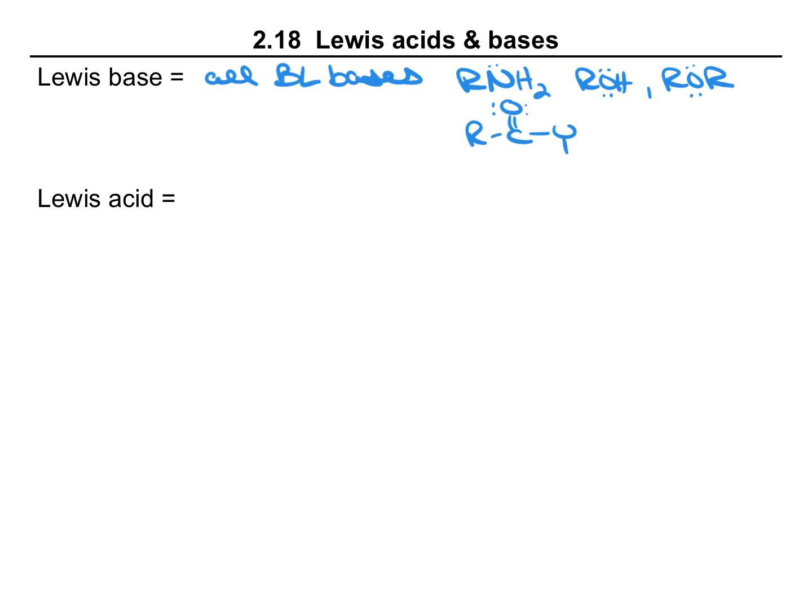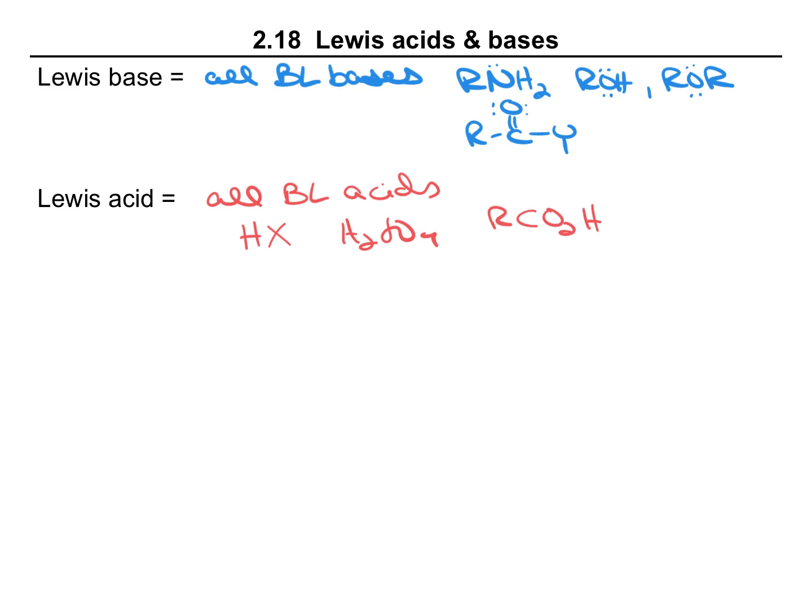Now, what about Lewis acids? All Bronsted-Lowry acids are also Lewis acids. So we can have HX, H2SO4, we could have carboxylic acids. All of these are also Lewis acids. But there are some additional acids that are Lewis acids but not Bronsted-Lowry acids.